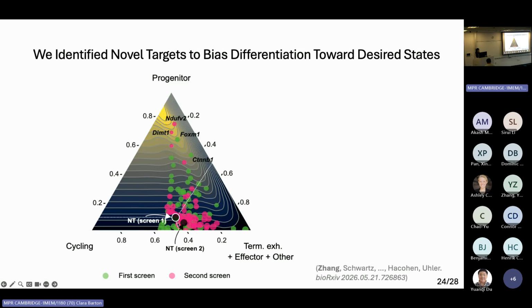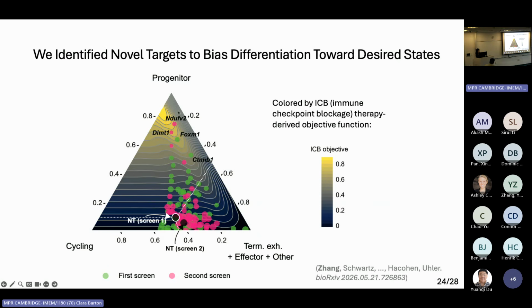And then you can see 2 black dots here. These are non-targeting perturbations. So you can imagine that if you randomly select a target, it's probably going to look something like that. And then the red dots are the ones predicted by the machine learning models to have more potential for cancer immunotherapy. And this is the result of an actual experimental validation. And the coloring here, I should have explained it earlier, is a checkpoint blockade therapy derived objective, so higher is better.